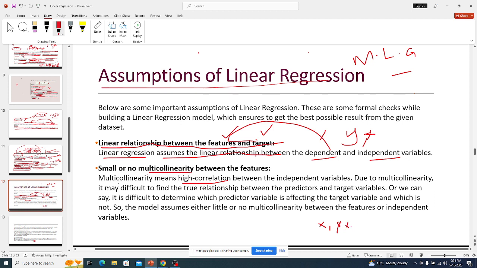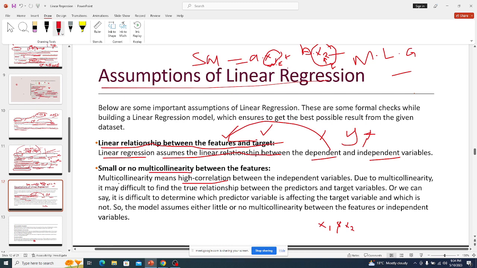For example, maybe our model salary is being influenced by, let's say, x1, which is work experience, plus b multiplied by x2, and our x2 is what? Education. So we should not have high correlation between the education level and work experience.